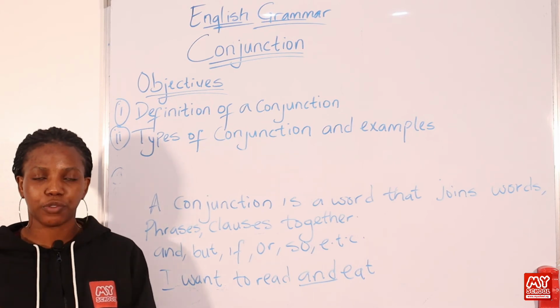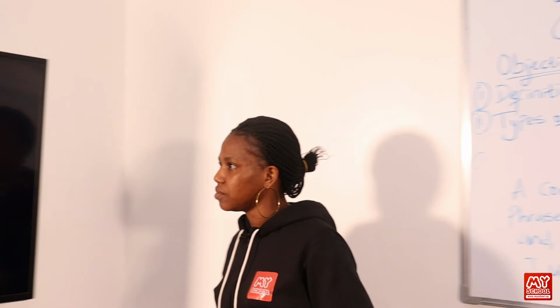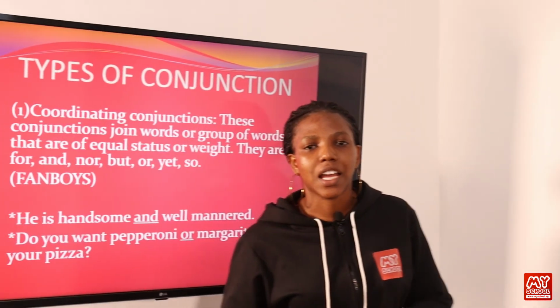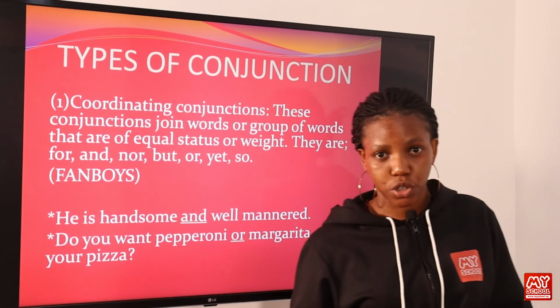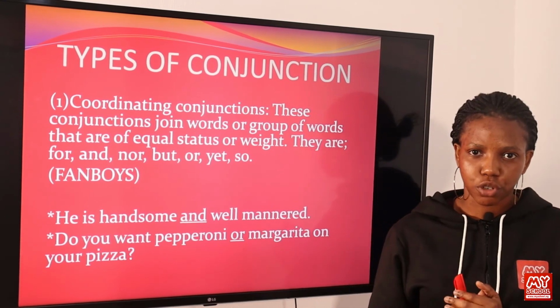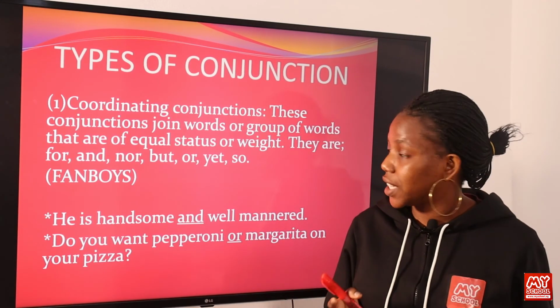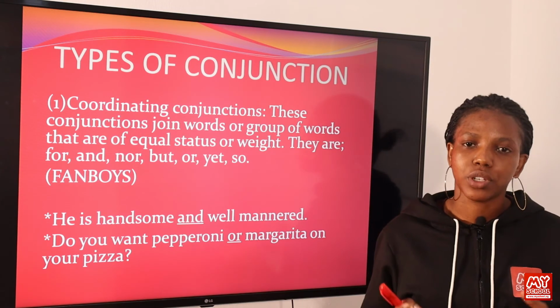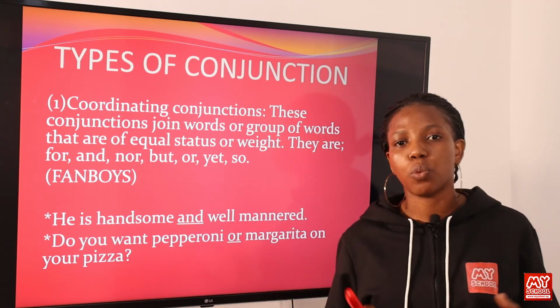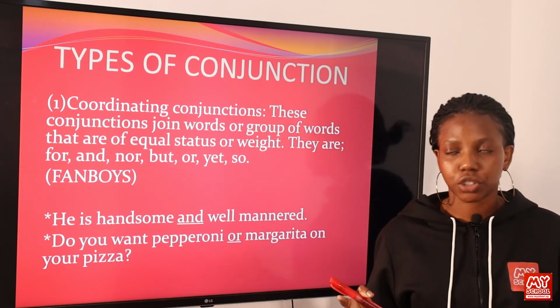Now let's move to the visual display. I have listed 3 types of conjunction. So we'll start with the first type of conjunction, which is coordinating conjunction. Now, what are coordinating conjunctions?